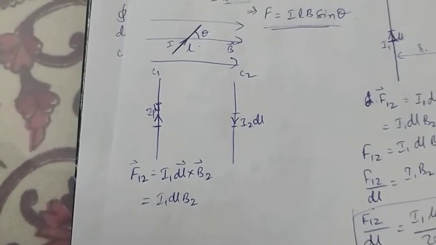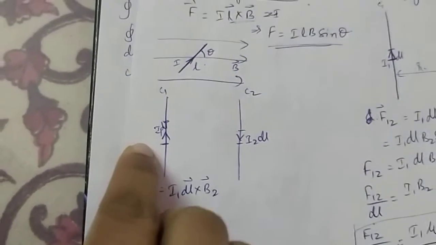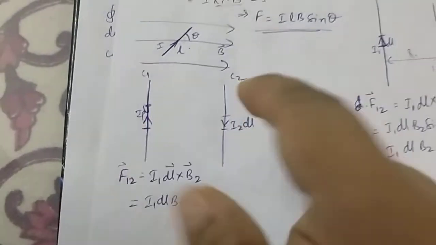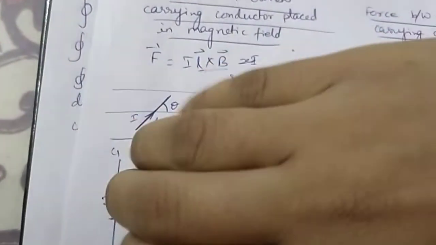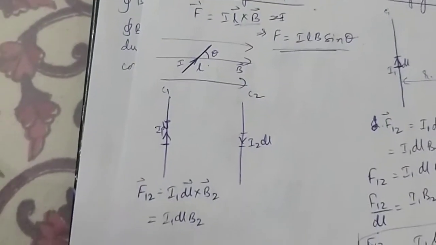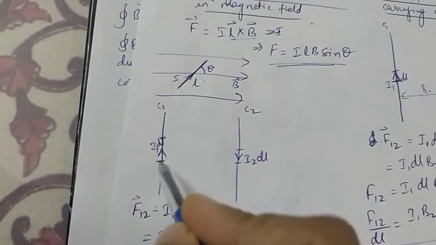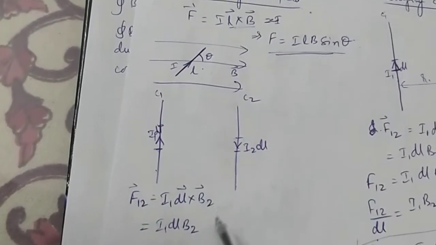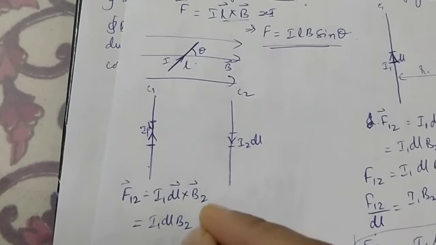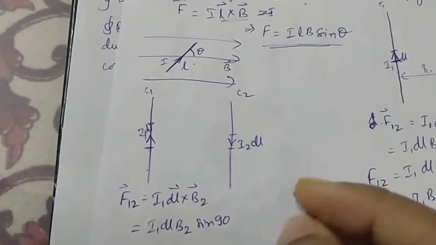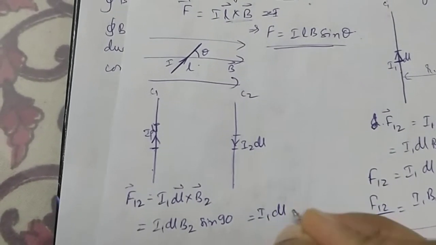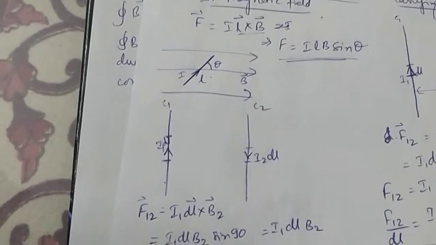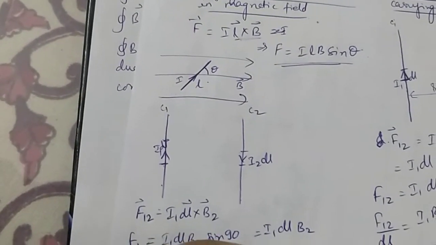And what about the angle? You see I1 dl is in the upward direction, and due to this downward current, the magnetic field here is downward. So the angle between B2 and IDL is again 90, sin 90, which is 1. So you'll get I1 dl B2. This is your F12.